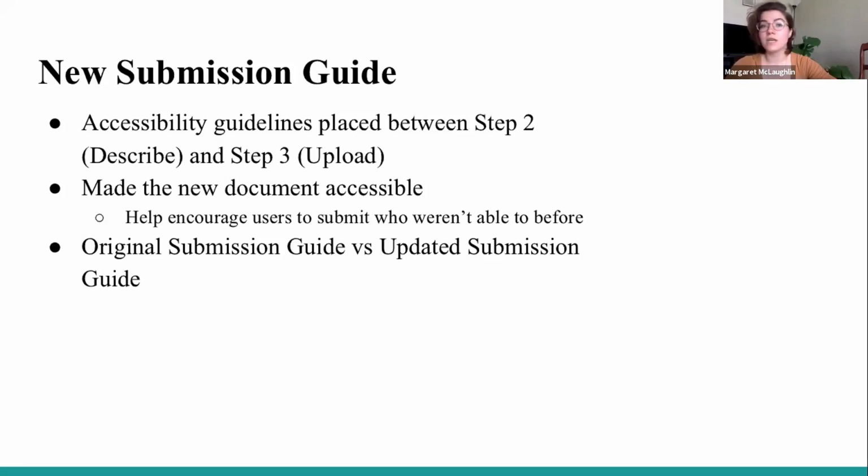So we just had to cut it down and incorporate it between steps 2 and 3. Each university, each repository may have different ideals and different standards and may choose to make them shorter or longer, but this is what worked best for us and with the length of our submission guide. After incorporating these new guidelines, we went back and made the new document accessible, because it was not at all.